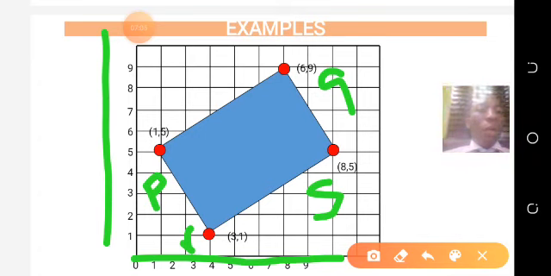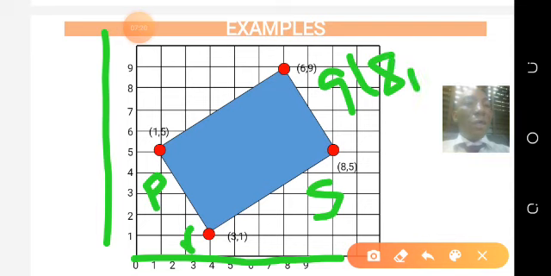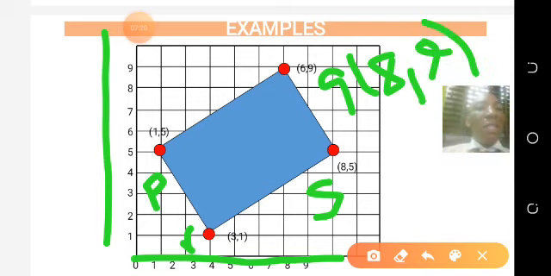Coordinate Q is (8, 9). Coordinate R is (4, 1).